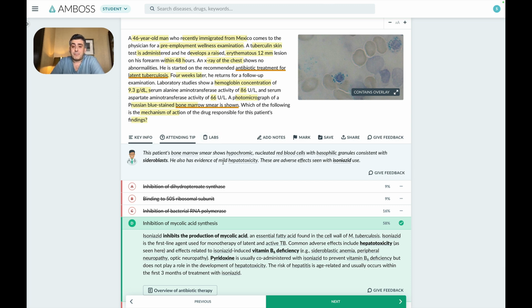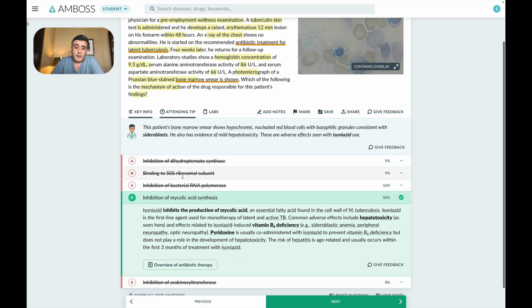In this case, the main concern is that knowing the MOAs of those drugs allows us to knock out most of this information. Knowing the adverse effects linked to the drugs would allow us to then look at the information and say, well, out of everything here, there's only one drug that can cause anemia, sideroblastic anemia, and also hepatotoxicity. It's isoniazid. Look for mycolic acid synthesis, and there you go.